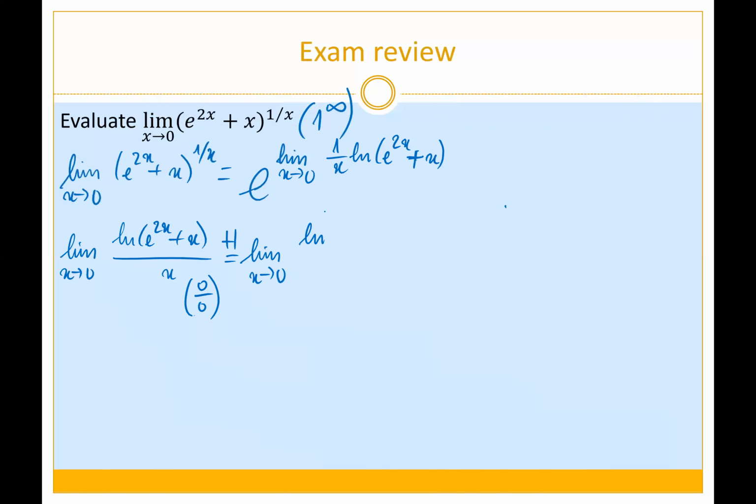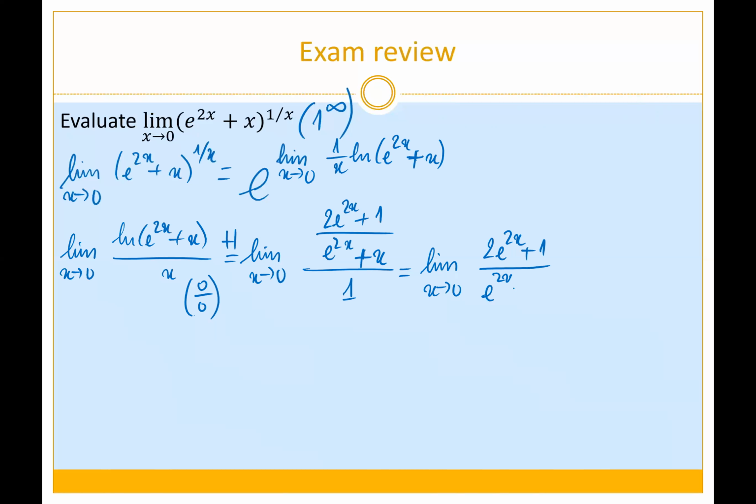When you take the derivative, you're going to have 2 e to the 2x plus 1 divided by e to the 2x plus x, divided by just 1. If you put it in algebra, simplify the denominator: 2 e to the 2x plus 1 divided by e to the 2x plus x.